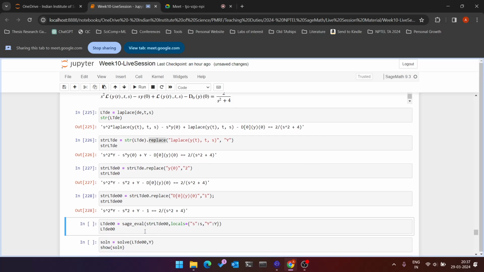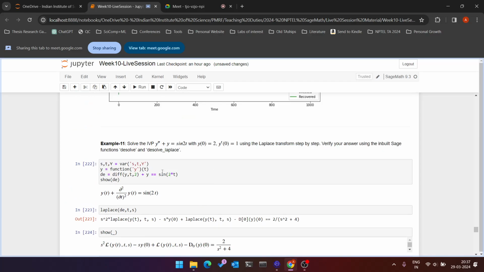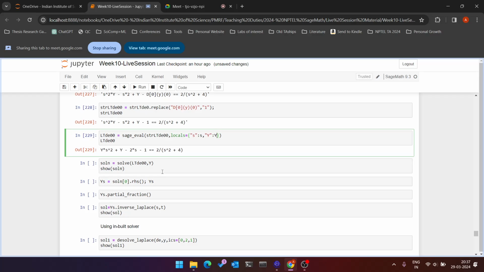Next, I use Sage to evaluate the string of the equation into an actual expression. This is what I get as my actual expression. We have assigned the string s to the variable s and the string Y to the variable capital Y, which are already specified.